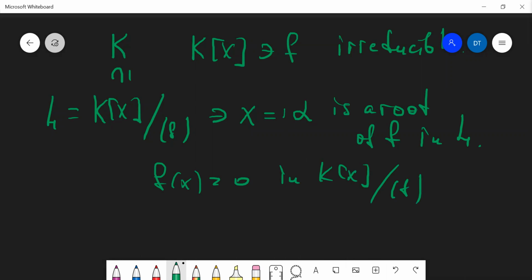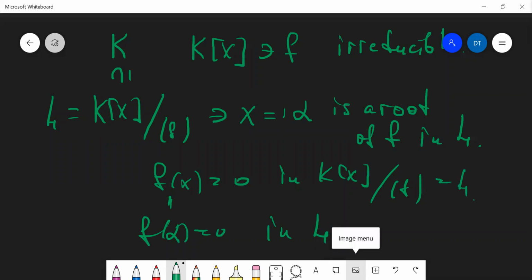If you consider the element F of X, its remainder is 0. So this is the 0 element in K of X over F. But since I denoted X by alpha, this means that F of alpha is equal to 0 in L, and this is your L.